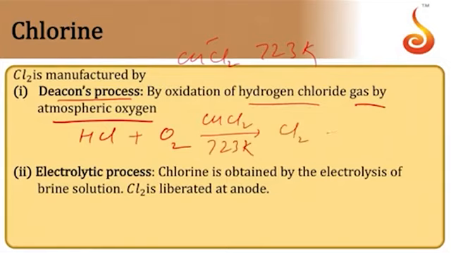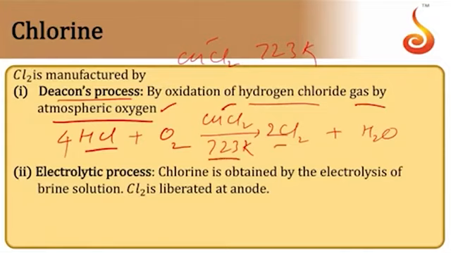It forms Cl2 and H2O. On balancing, 4 will come here and 2 moles will come there. So oxidation of HCl with atmospheric oxygen in the presence of CuCl2 at a temperature of 723 Kelvin gives rise to chlorine gas.